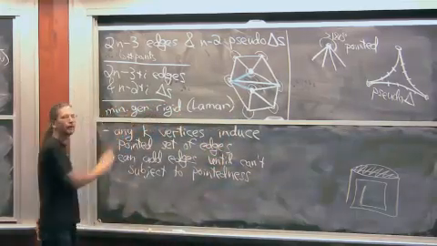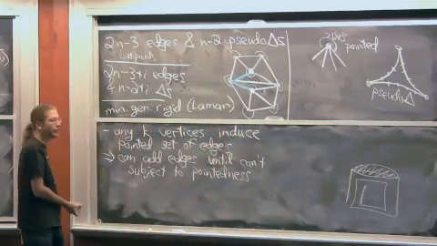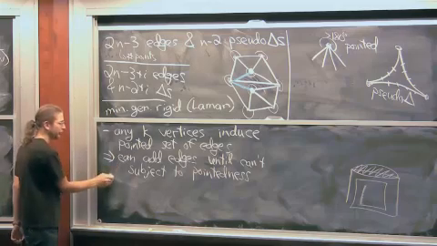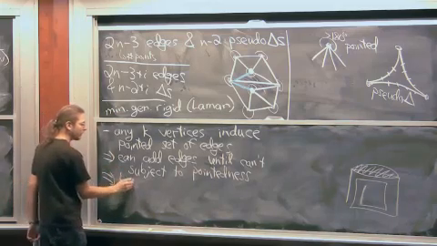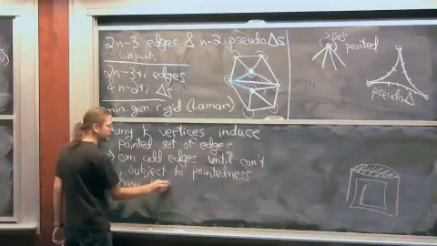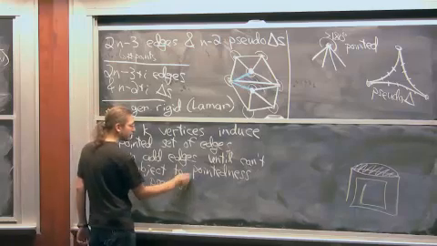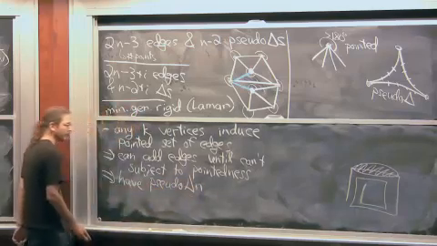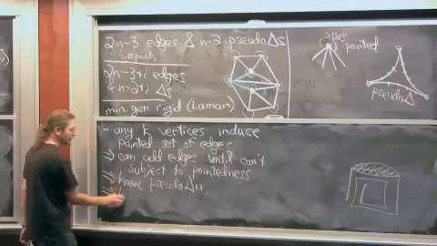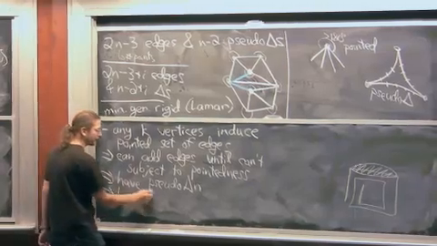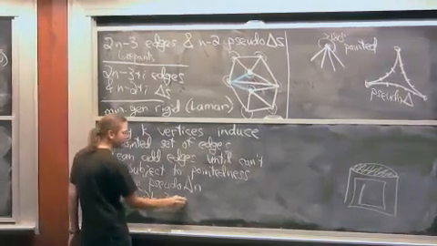If I take some subset of k vertices, I can do it again on those k vertices. When I'm finished, I will have a pseudotriangulation. And that has 2n minus 3 edges, or in this case, 2k minus 3 edges.